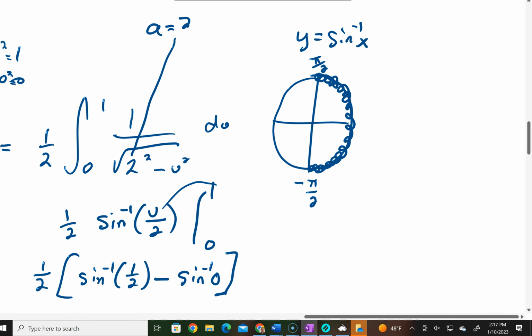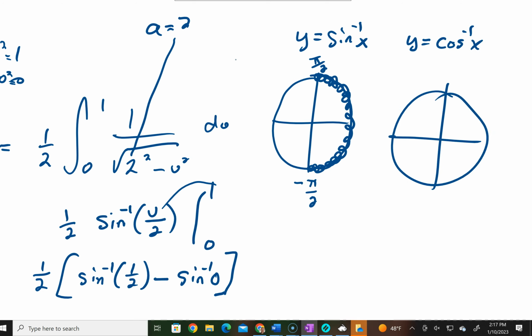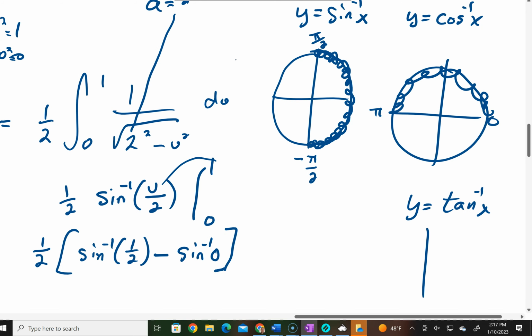And by the way, inverse cosine, those boundaries go between 0 and pi. And inverse tangent looks just like inverse sine, except you're undefined at pi over 2 and negative pi over 2.